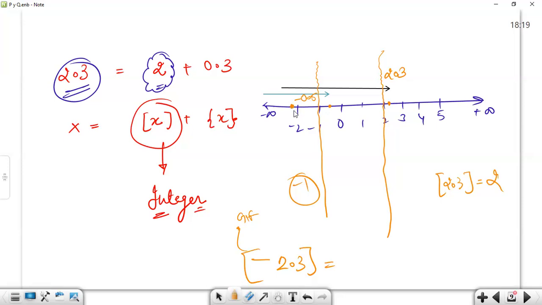If an arrow is drawn to minus 2.3 from the left side, which integer will be there behind minus 2? Minus 3. Yes, so it is minus 3.